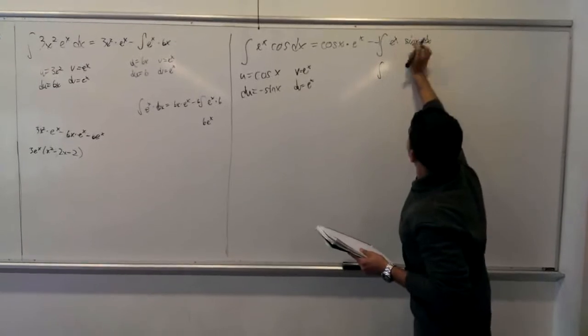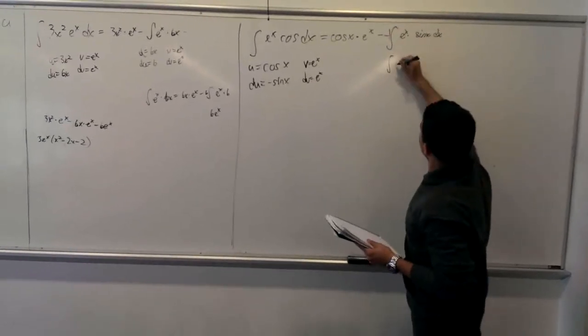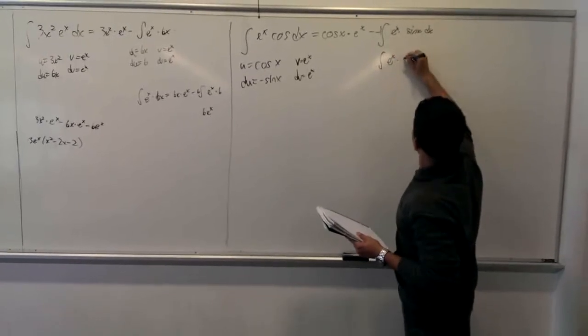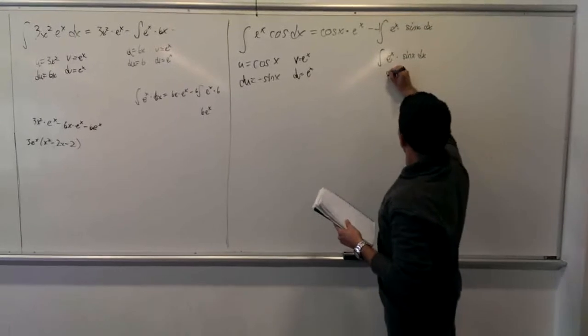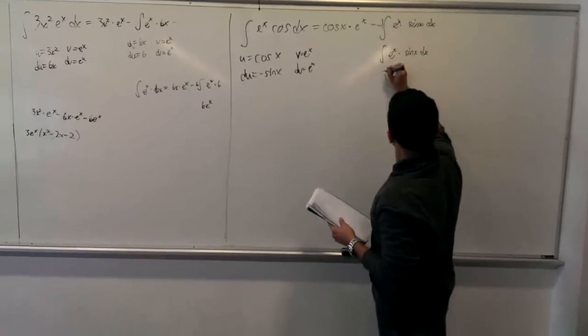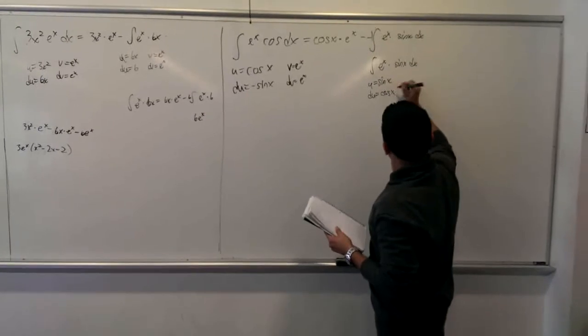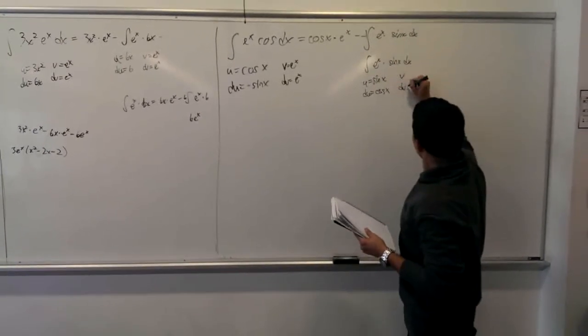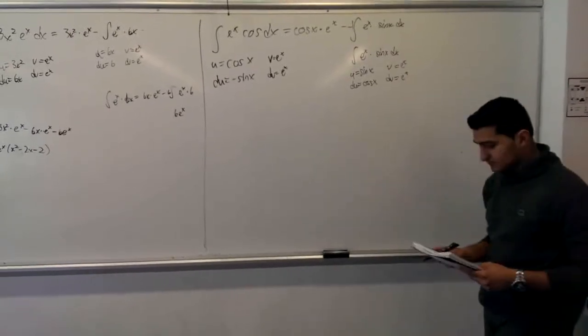Let's erase this right here. Ignoring this negative 1, you just deal with this. You get e to the x times sine of x dx, with sine of x being u and du being cosine of x, with v and dv both being e^x.